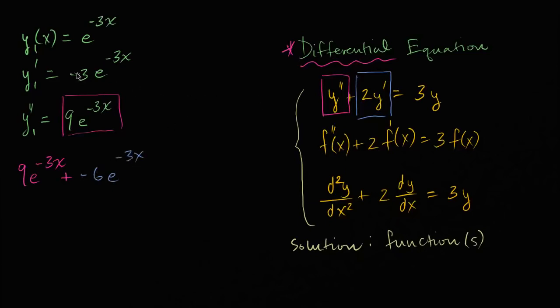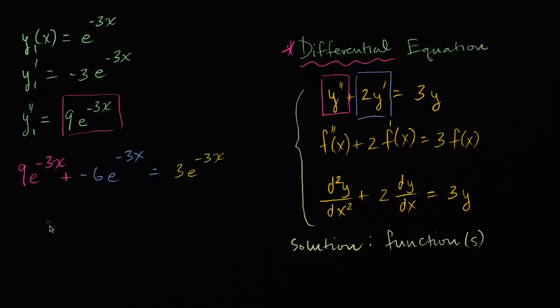Notice I just took 2 times the first derivative. If y1 does indeed satisfy the differential equation, this needs to be equal to 3 times y. Well, 3 times y is 3 times e to the negative 3x. 3e to the negative 3x.